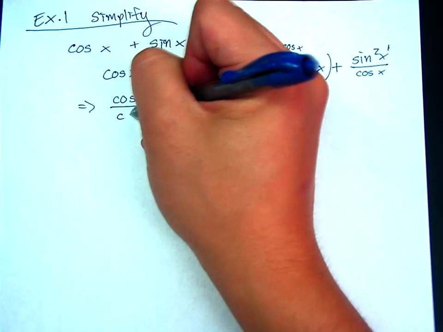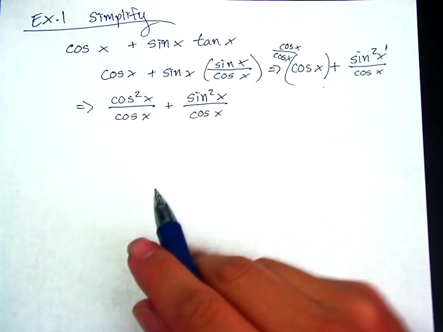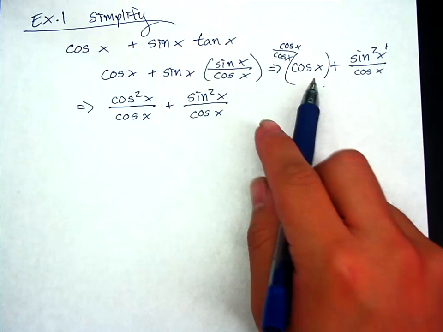Now, if you wondered why Mr. Doan made this more complicated by adding in that denominator, it's because I wanted to see that here I have a sine squared, and I know that sine squared plus cosine squared would get me 1. So it's pretty convenient that multiplying the top and bottom by cosine of x will allow me to get there.